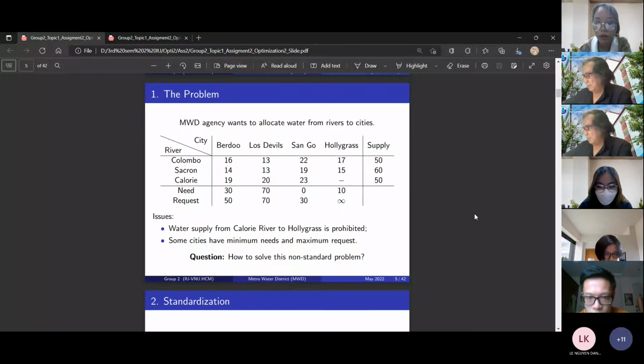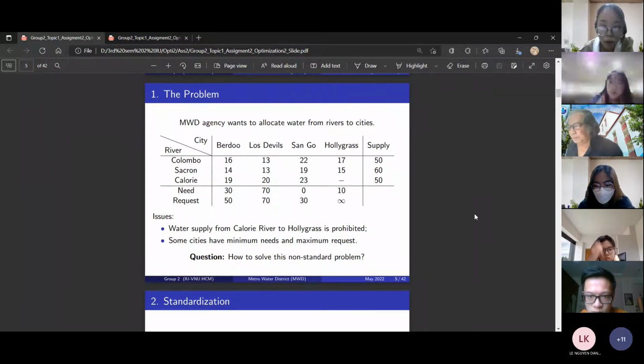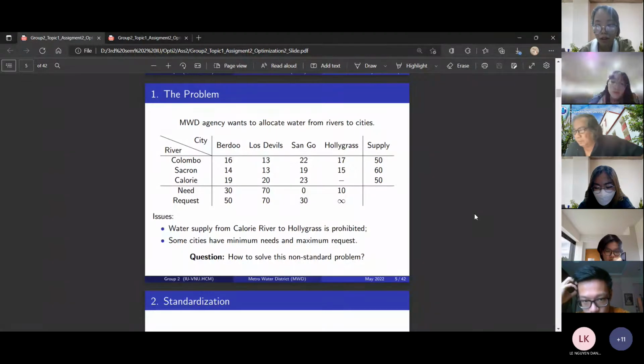Our problem in consideration is about the Metro Water District Agency, which wants to allocate water from the rivers Colombo, Sacron, and Calgary to the cities Purdue, Los Deville, Sengo, and Holy Cross. The information such as cost, supply, and demands is given in the table on the slide. However, the problem has some key differences from the standard problem.